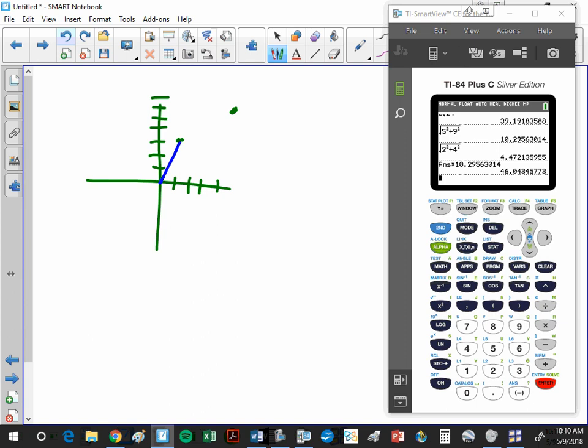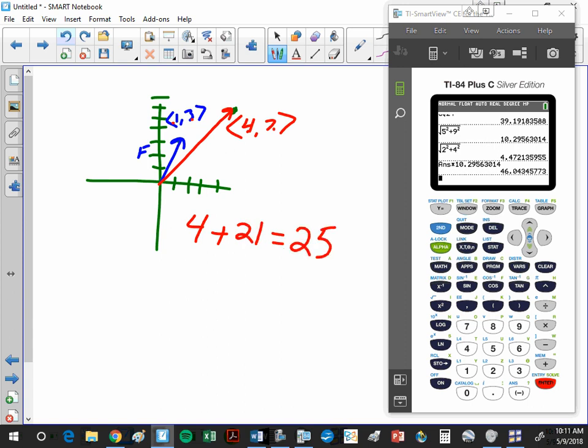So I'm pulling a force of 1, 3, and the object I'm pulling moves to 4, 7. How much work was done? 1 times 4 is 4, plus 3 times 7 is 21. 25 Newton meters. Joules, right. Does that make sense?